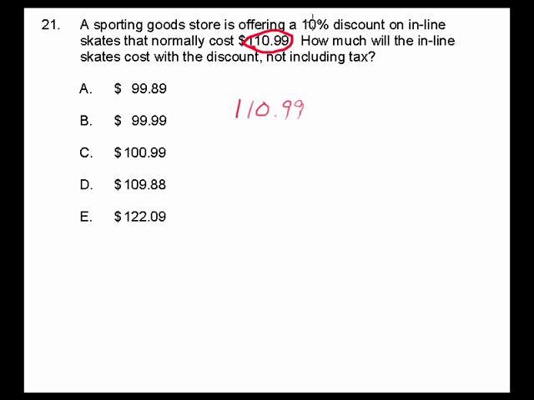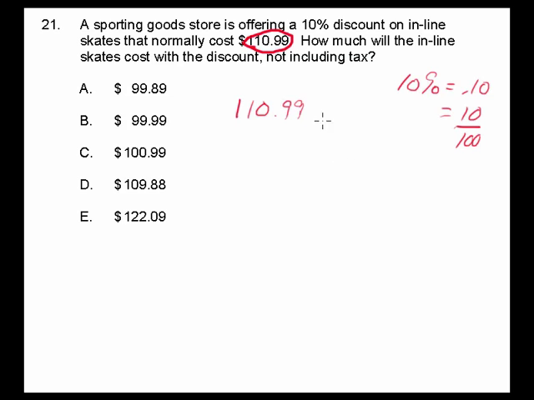And we want to know what 10% of that is, because a sporting goods store is offering a 10% discount. Now, remember that 10% is equal to 0.10, and it's also equal to 10 over 100.